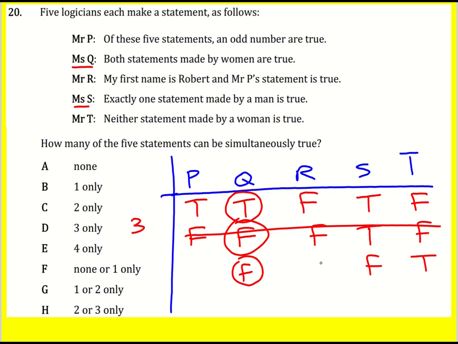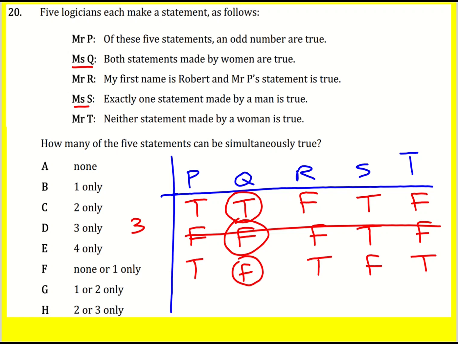But we know that can't be the case because if Mr. R is telling the truth, then Mr. P must be as well. So what I'm going with here is that they both have to be telling the truth in this scenario. And we get a different case, but again, 3 of the statements are simultaneously true. And that's it. That's the only one to look at.